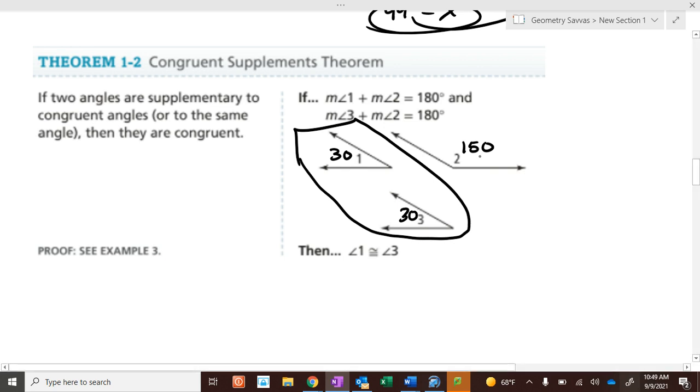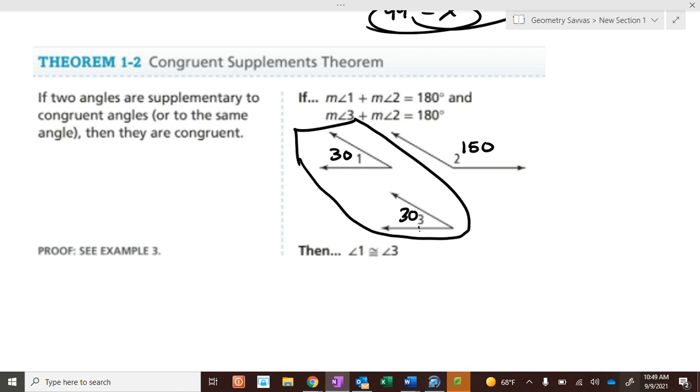So if this is 30 and this is 150, and this is 150, and these are supplementary, this has to be 30. Well, since this is 30, this is 30. Okay, that's the congruent supplements theorem. That's just one of our theorems.